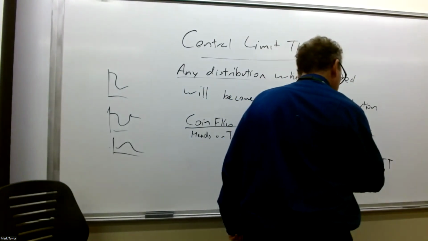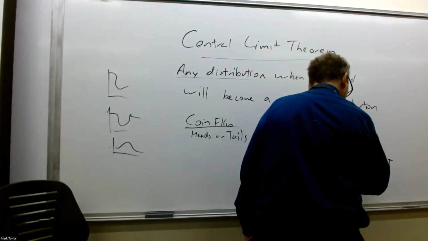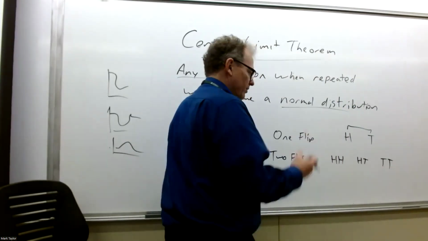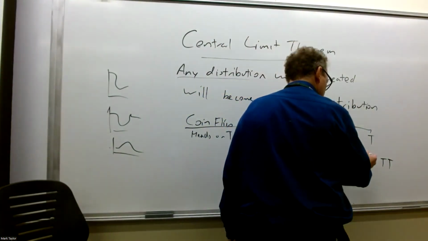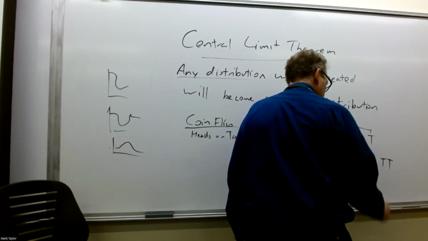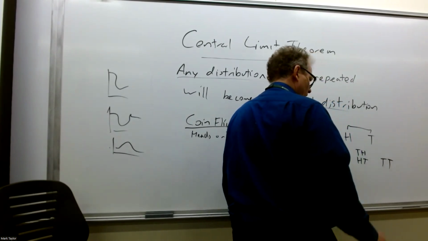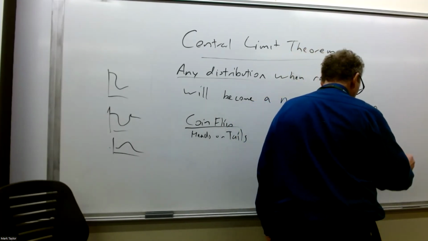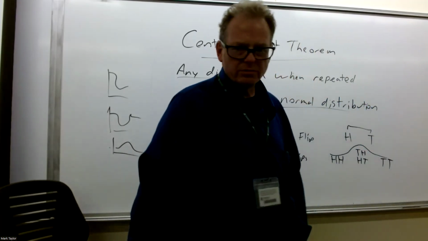There's the possibility that the first one is a head, and the second one's a tail. And if you don't care about the order, and we don't in this case, it's also a possibility that it could be a tail and a head. Even after just two flips, we start to get a normal distribution.